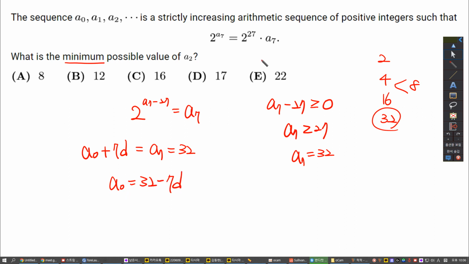But a0 should also be a positive integer, so that means this should be greater than 0. So what will be the value of d satisfying this inequality? So 7d is less than 32. In this case, we are talking about the largest value of d, because of this negative sign that makes the value minimum.